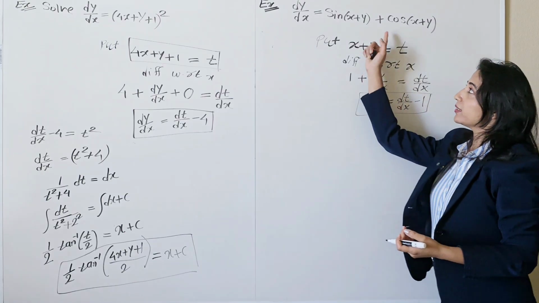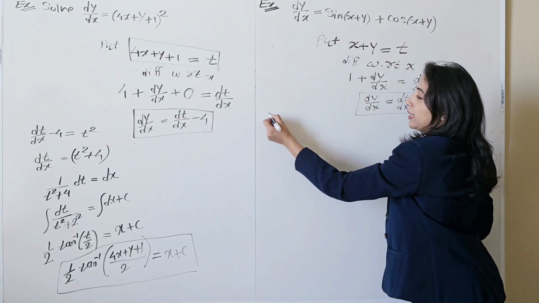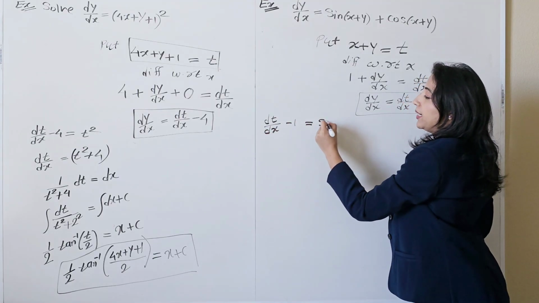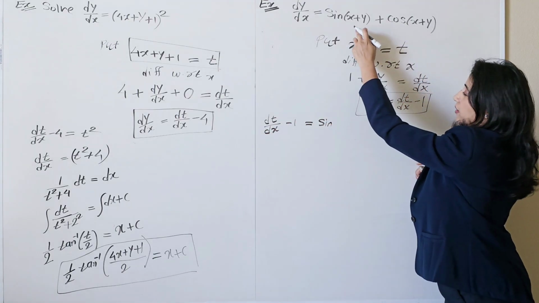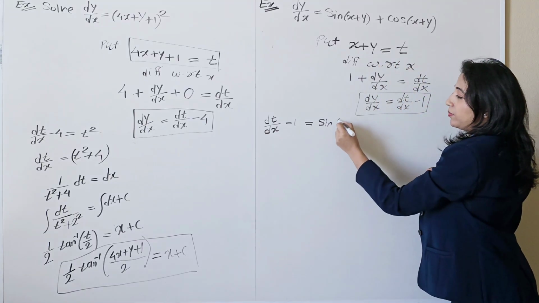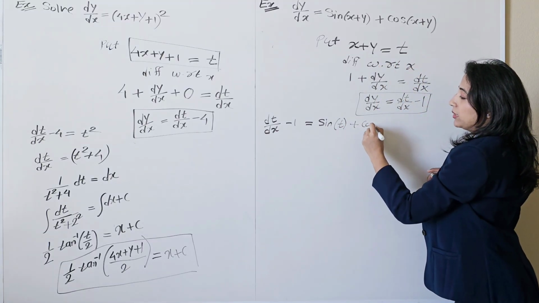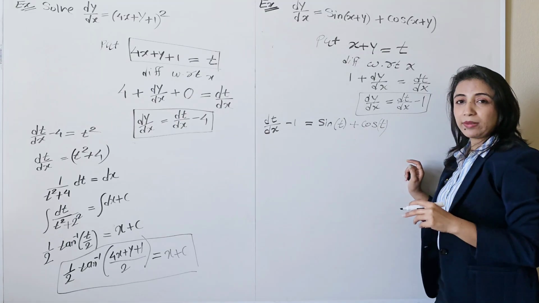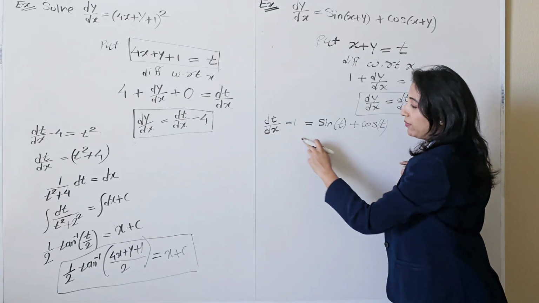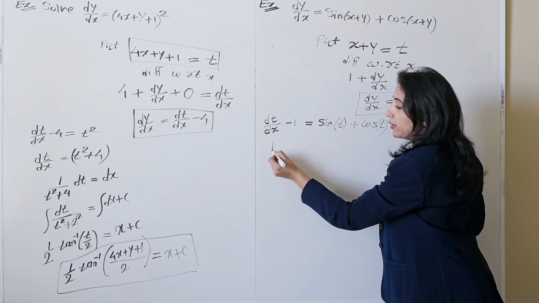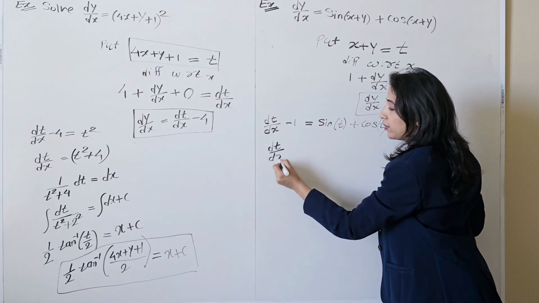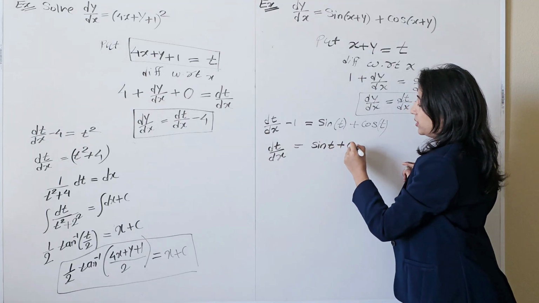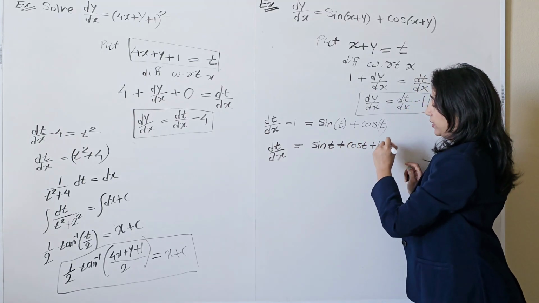Now put this value in this equation. So the left side is dt by dx minus 1, and the right side is sine, where the bracket term is nothing but t, plus cos t. This is a function of t and we have to separate the variables. So firstly I will shift this 1 to the right-hand side, then it becomes dt by dx equal to sine t plus cos t plus 1.